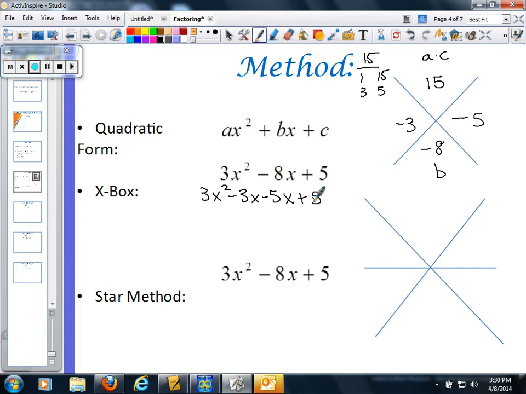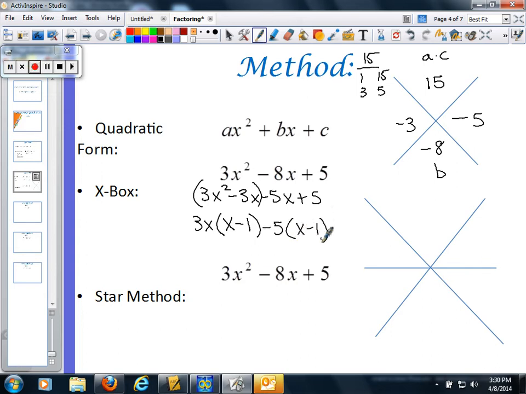Now I'm going to do what's called factor by grouping. I take the first two terms and factor out a common factor, which is 3x. This leaves me with x minus 1. With the second group, I want to pull out a common factor so that x minus 1 is left, so I pull out a negative 5, which leaves me with x minus 1.